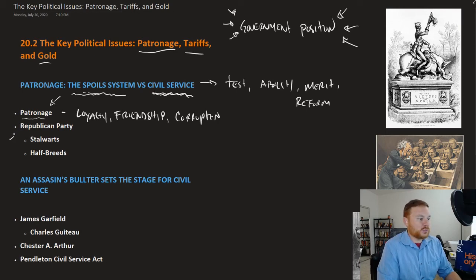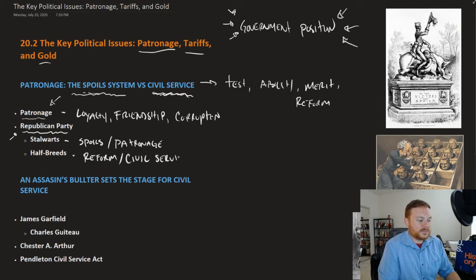So much so that it split the Republican Party. Stalwarts were a term used to describe those who favored the spoils/patronage. And the half-breeds were, of course, those who were reform-minded and favored civil service.